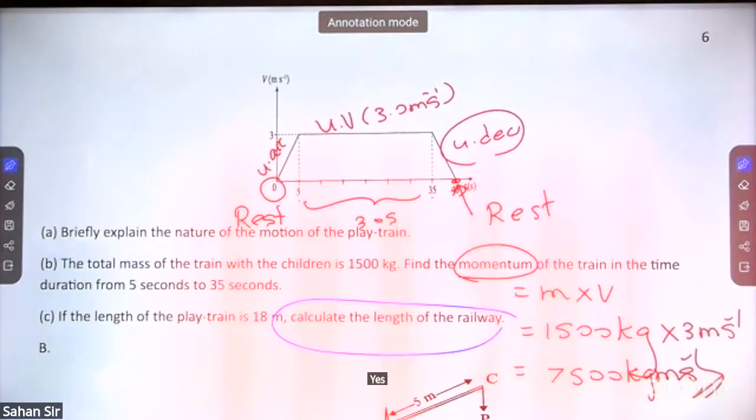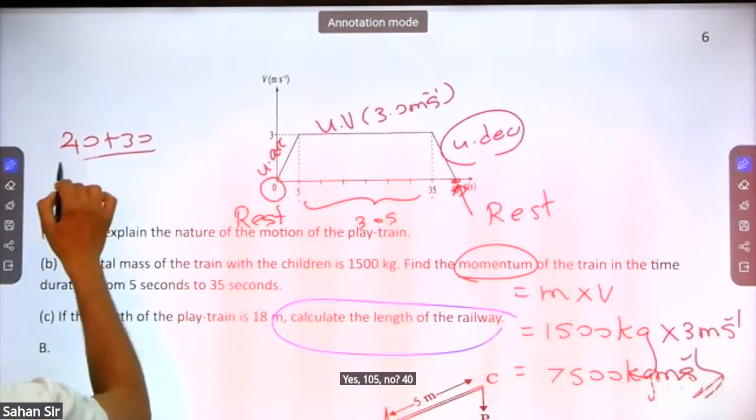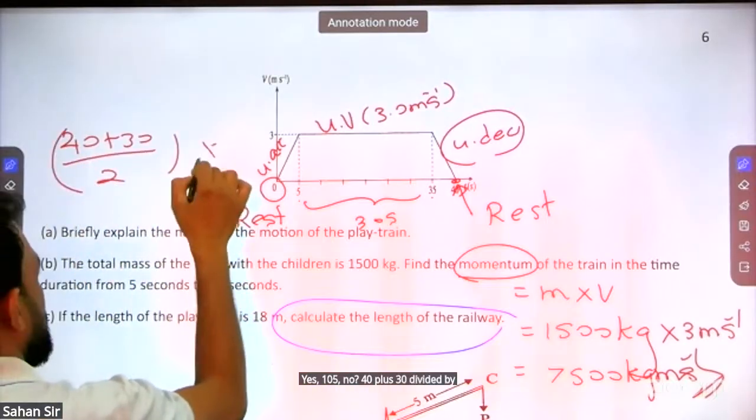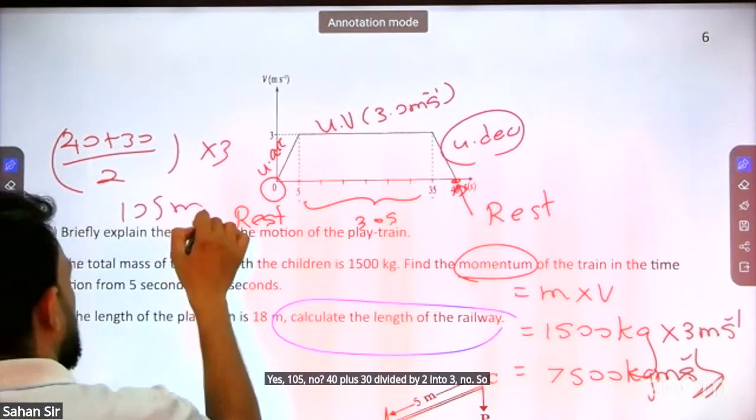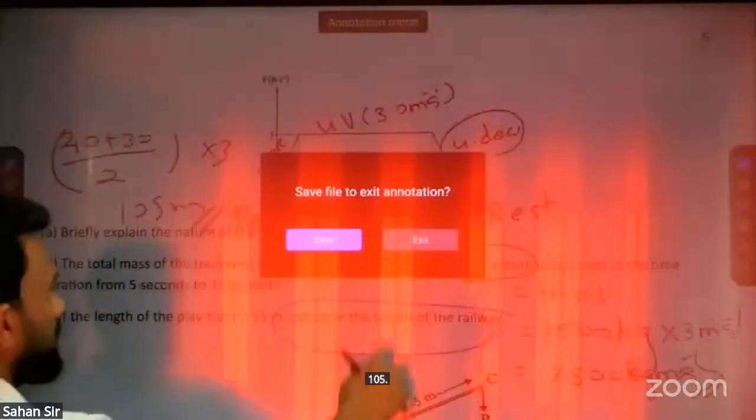Yes, 105, no? 40 plus 30 divided by 2 into 3. So 105 meters.